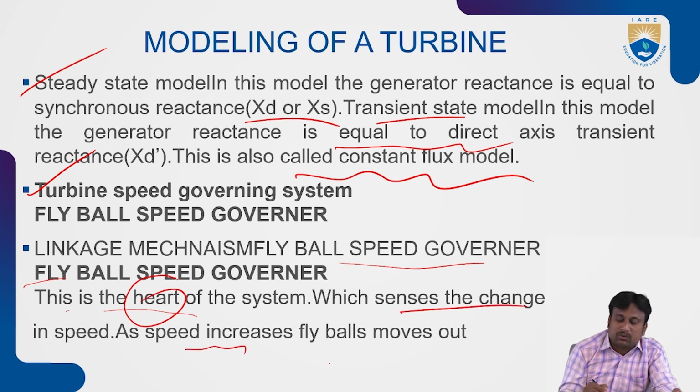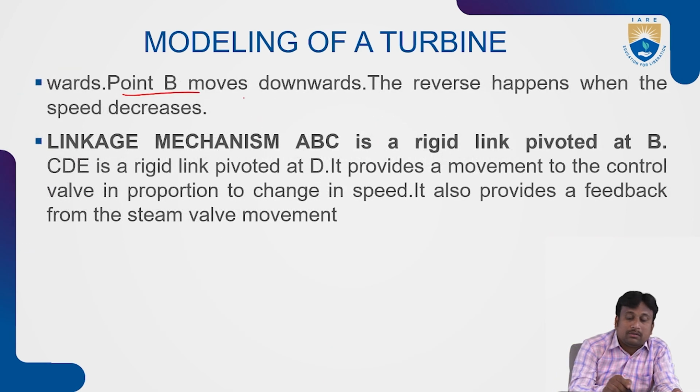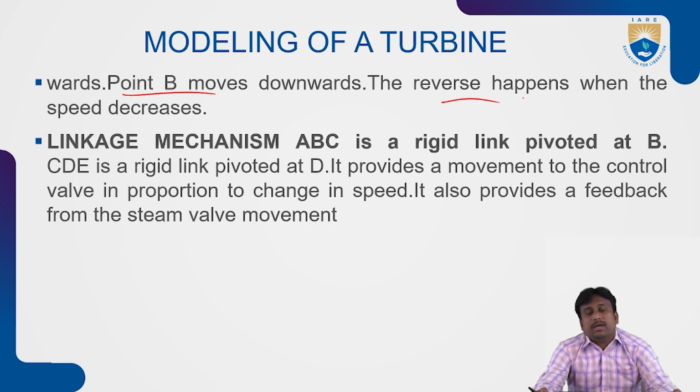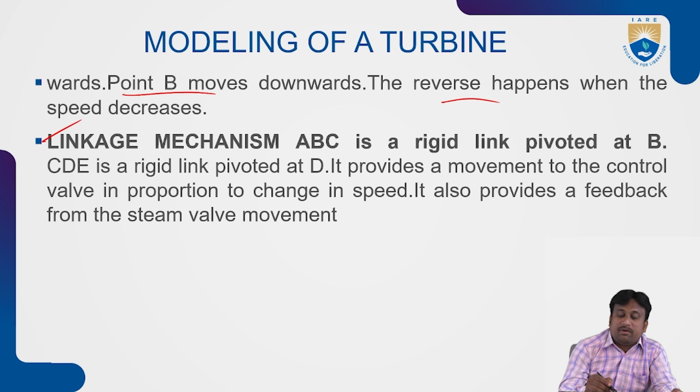As the speed gradually increases, the flyball moves out, so the point B moves downwards, and the reverse happens when the speed decreases. Likewise, another block contains the linkage mechanism named ABC.